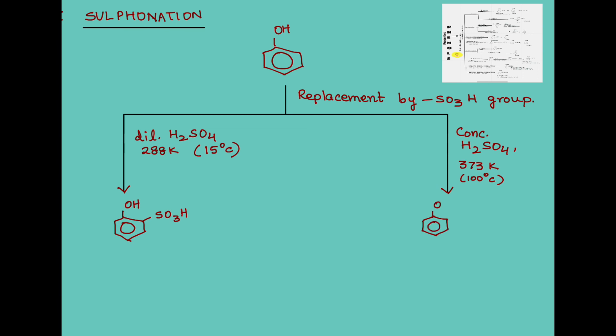And how will you give the IUPAC name of these compounds? According to the IUPAC nomenclature, our sulfonic acid group is the principal functional group. And then in that case, OH becomes the secondary or the follower. So you'll have 1, 2, right? Whereas here it will be 1, 2, 3 and 4.